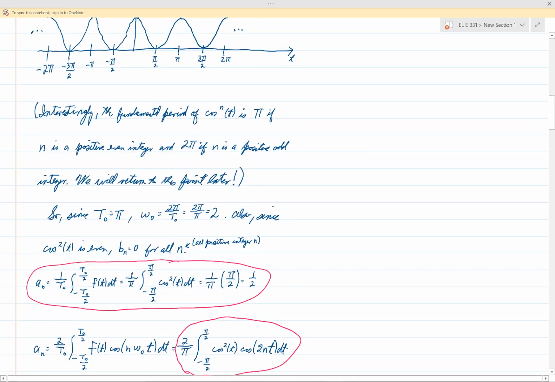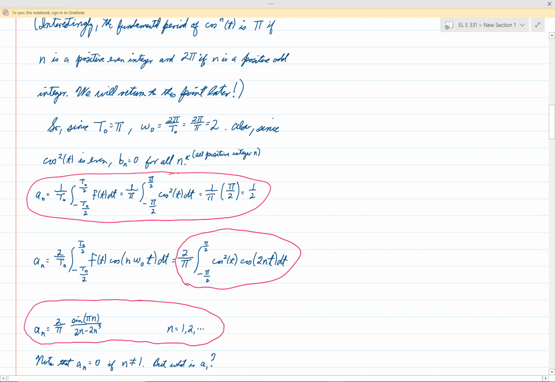Let's see. Okay, so this is where we were right here, and if you substitute this integral into Wolfram Alpha, the expression that you will get is this.